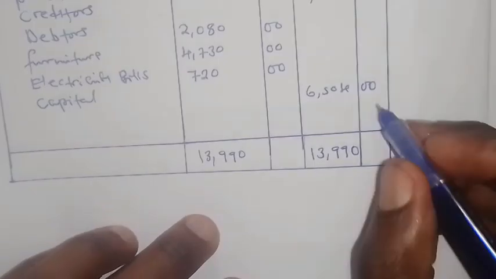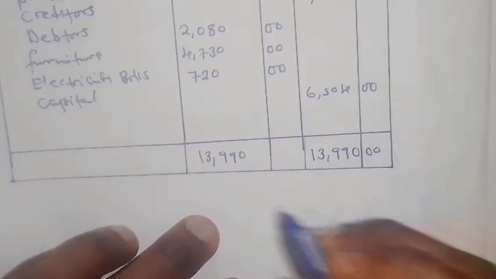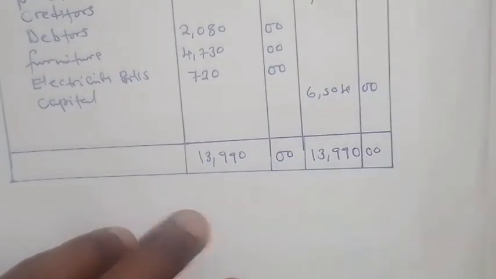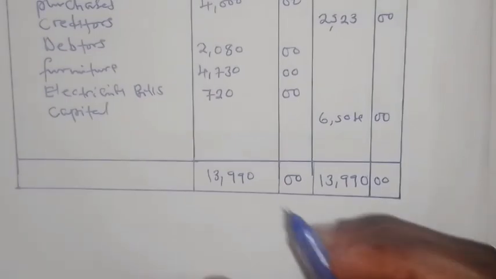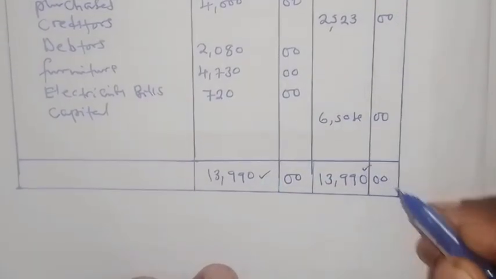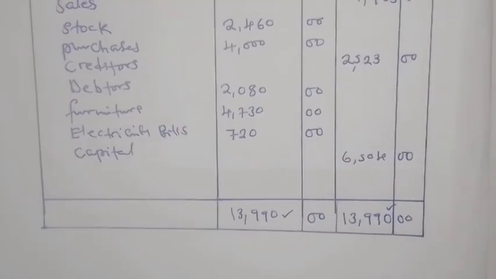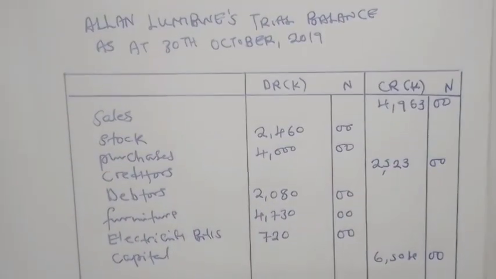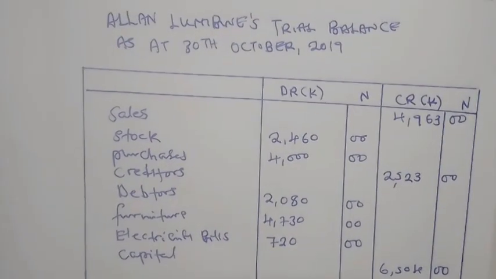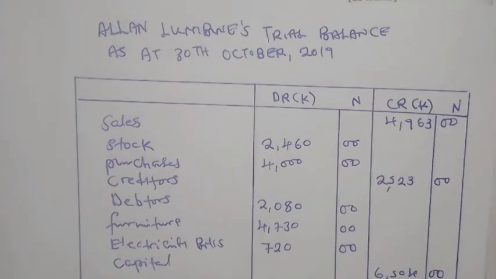Okay, and then also the Ngwe is there, you have 0000. Okay, so this means that it is balanced on both sides, rather on both debit and credit, we have the same numbers. Okay, so that's how you're supposed to answer this question.